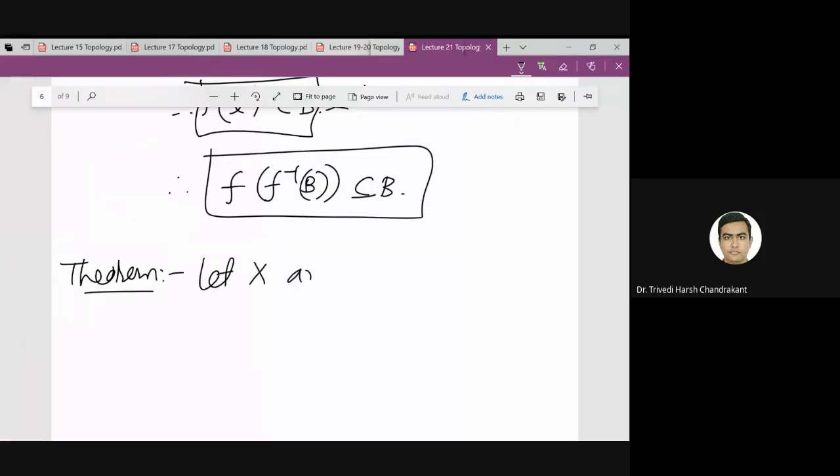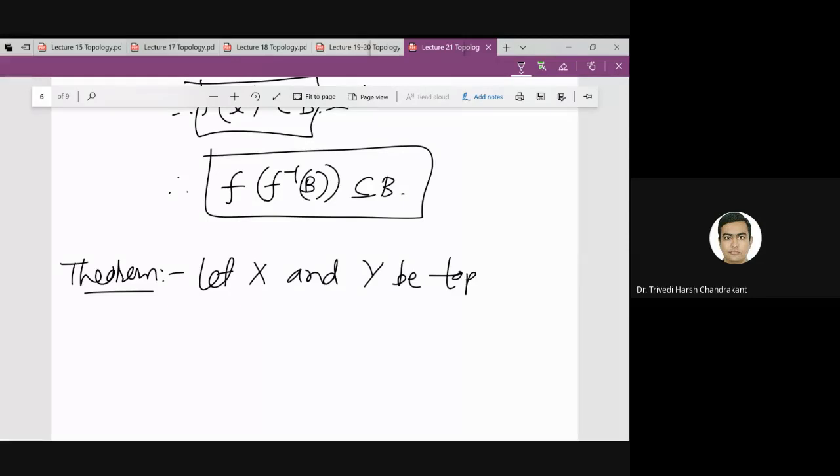Let me state this result. The statement is long, so I will state it today and then prove it in the next lecture. Just try to understand the statement.